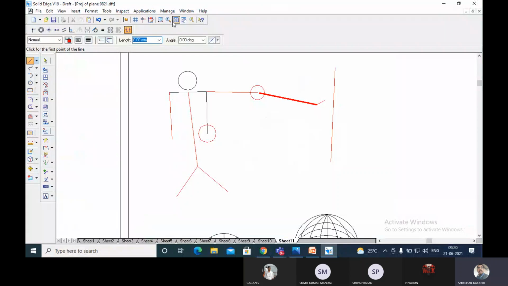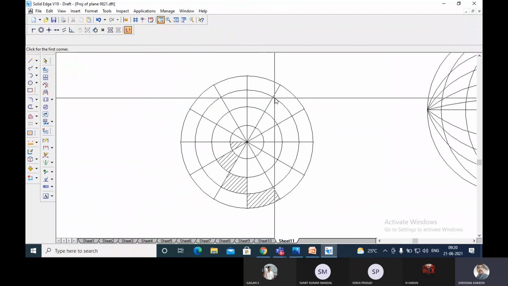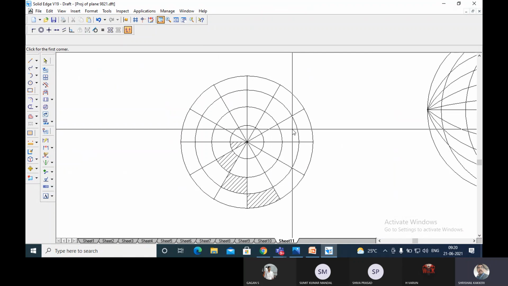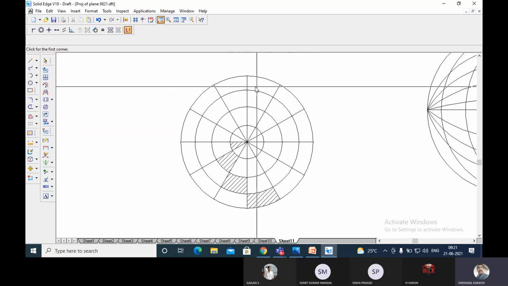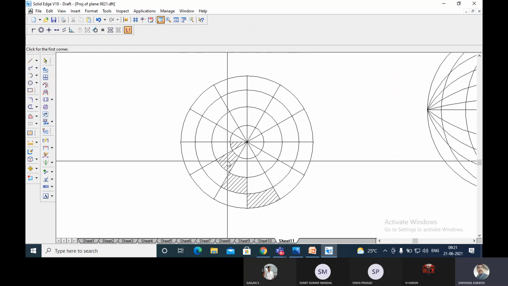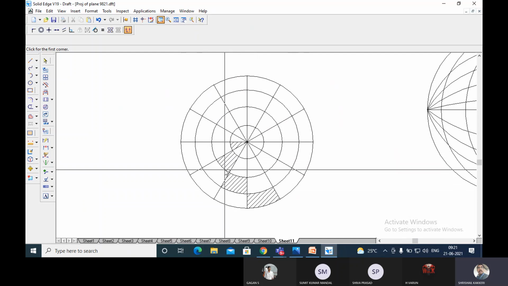You can see, during the previous class I showed, for the same 12 divisions, the shape of the segmented work volume will be different at different locations.